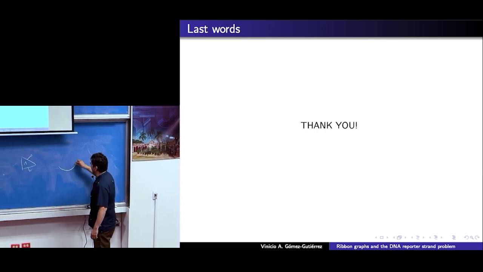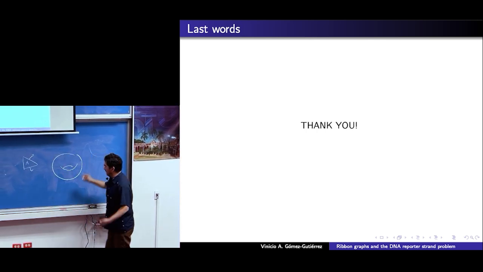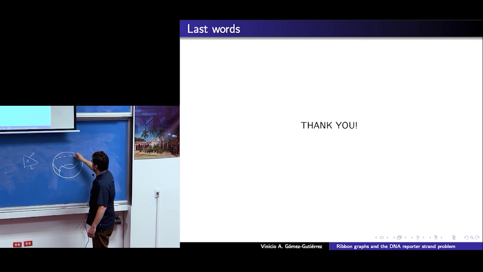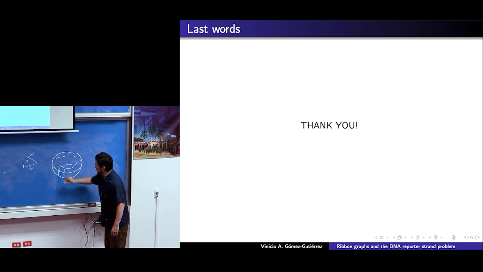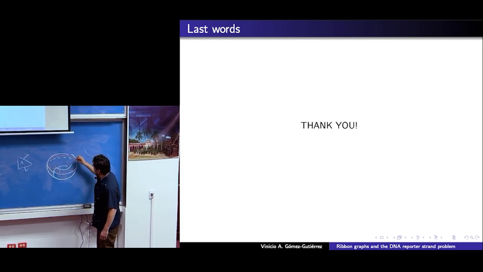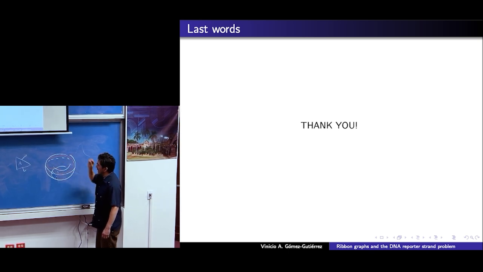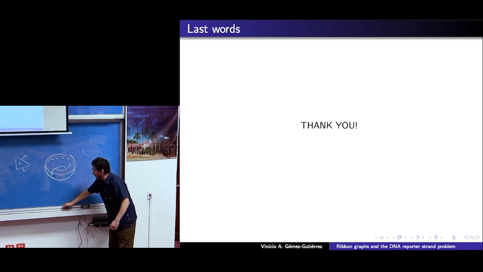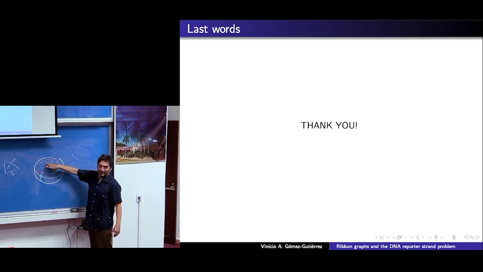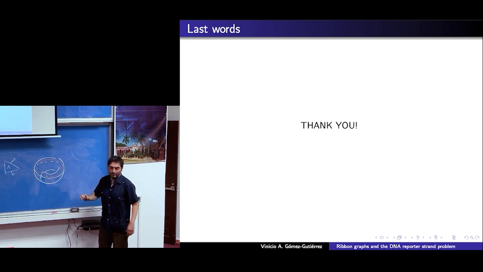But for example, if you have an outer face that visits all the edges, and you forget the surface, then in the complement we can put a disk in the three-dimensional space, and this is unknotted.